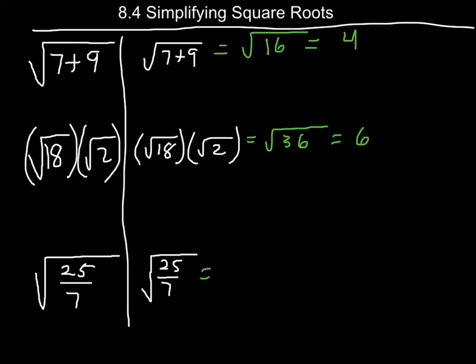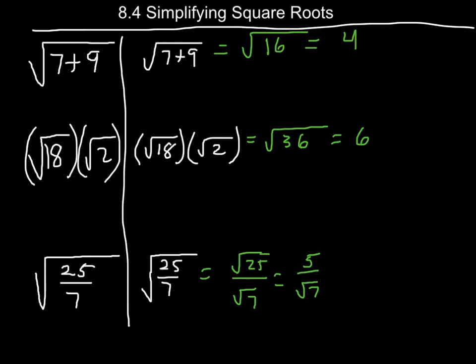It's perfectly okay, just like we had this problem written as two different multiplication problems, to have the square root of 25 over the square root of 7. And having it written that way, I know the square root of 25, which is 5, over, I don't know, the square root of 7. So that's perfectly okay.